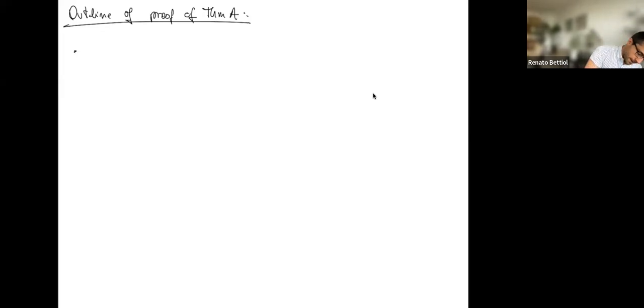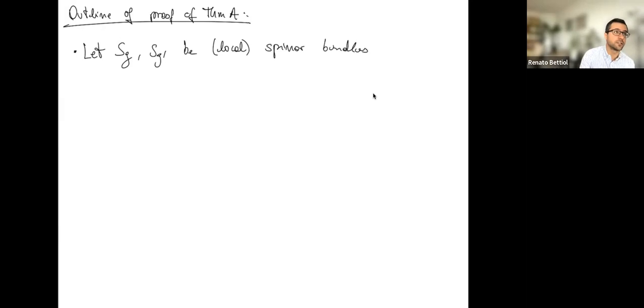You'll notice that there were no assumptions about the manifold being spin, and that's fine because, as usual in this business, we can define local spinor bundles with respect to both metrics G and G prime, even though there's no global such thing.